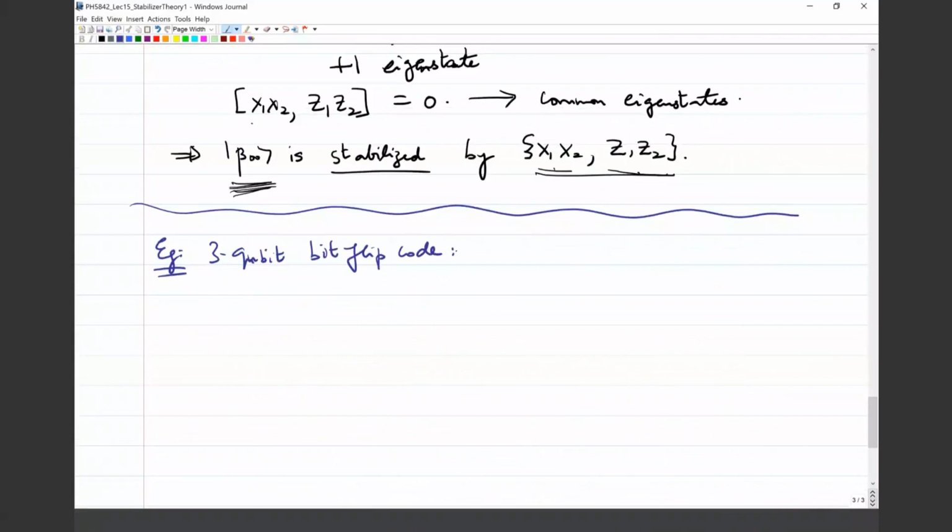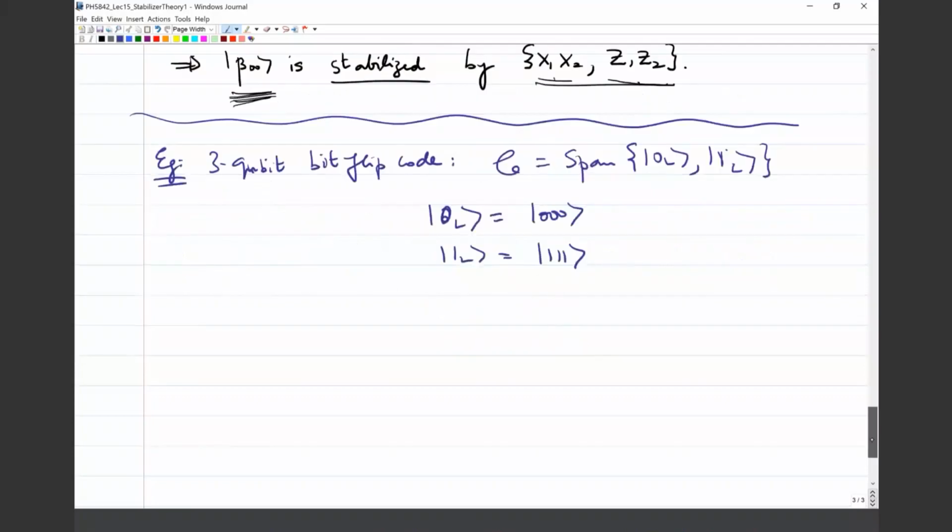So remember that the code space is the vector space that is spanned by the 0L and the 1L, right? Where 0L was 000 and 1L was 111, right?